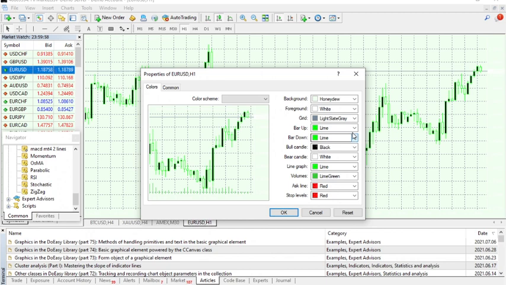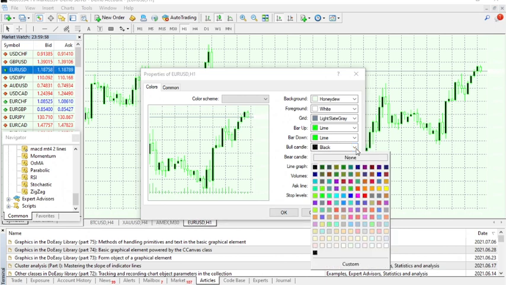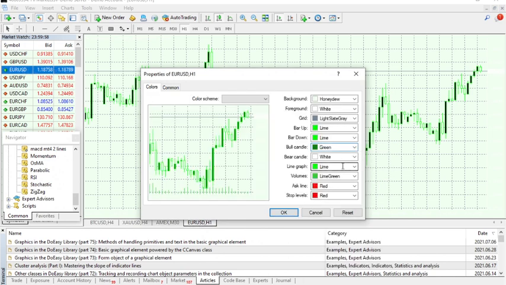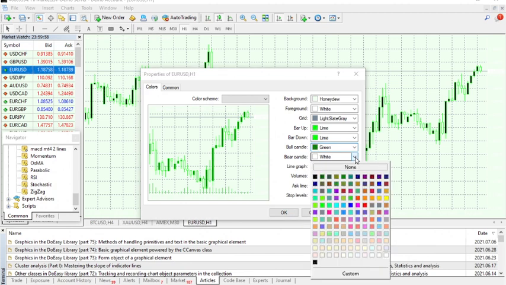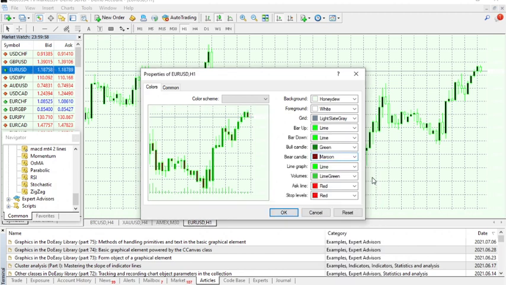This is the bull candle. You leave it in green. This is the bear candle. Leave it in red.